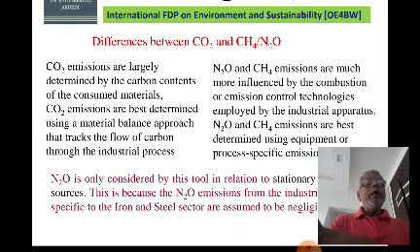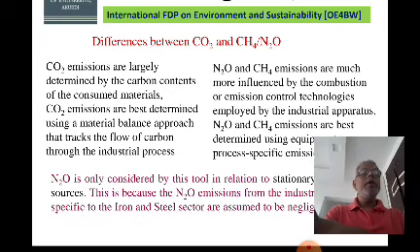Whereas N2O and CH4 emissions are much more influenced by the combustion or emission control technologies employed by the industrial apparatus, right? So this depends on which type of technology and which type of apparatus you are using. So N2O, that means nitrous oxide, and methane CH4 emissions are best determined using the equipment or the process specific emission.